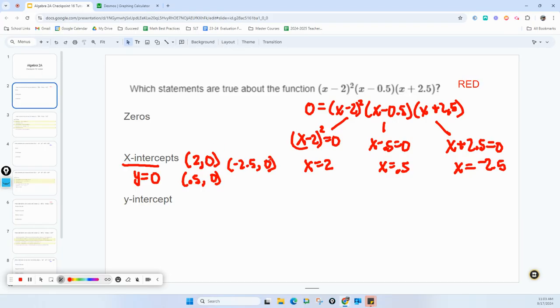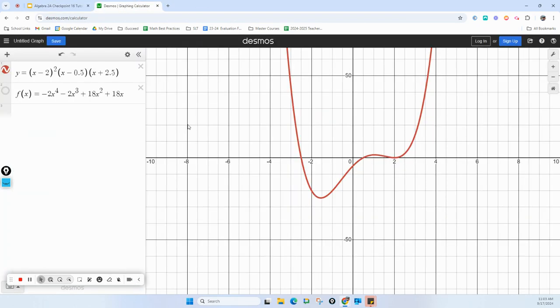The x-intercepts are written as coordinates, whereas the zeros are written as just the x values. If I go back to my Desmos graph, I should be able to see those here.